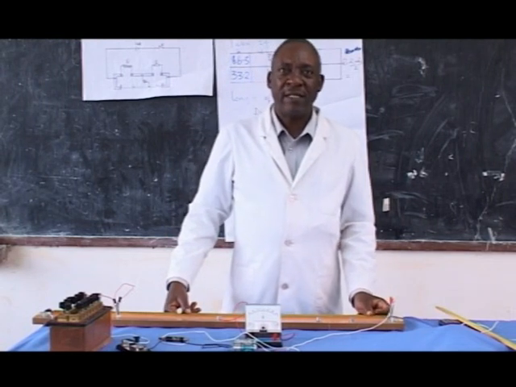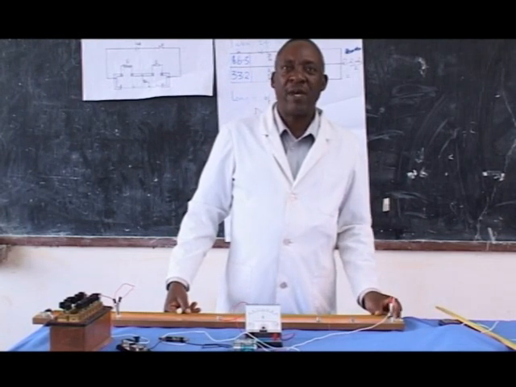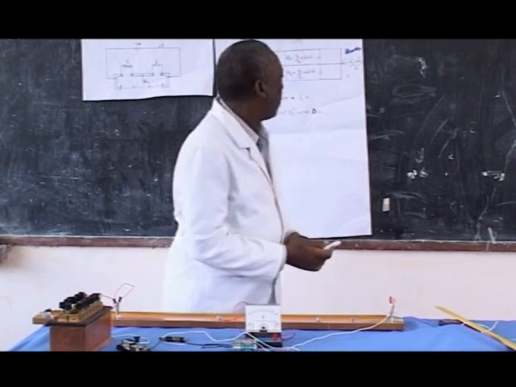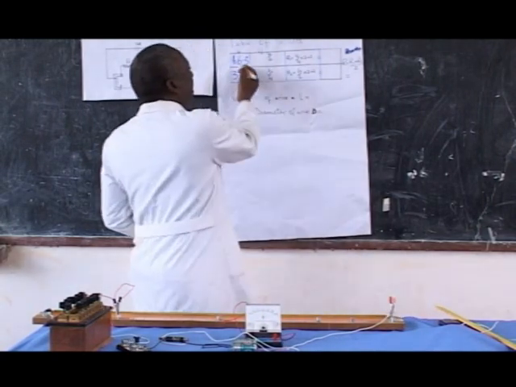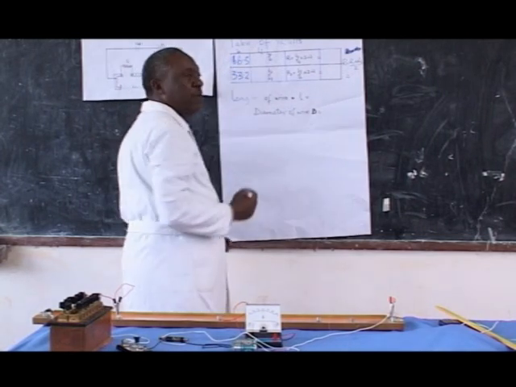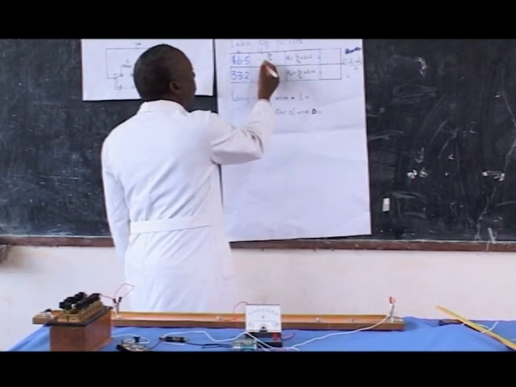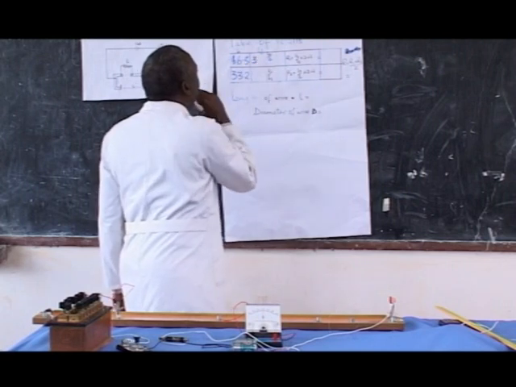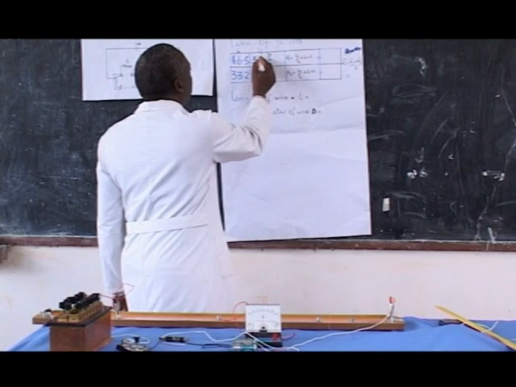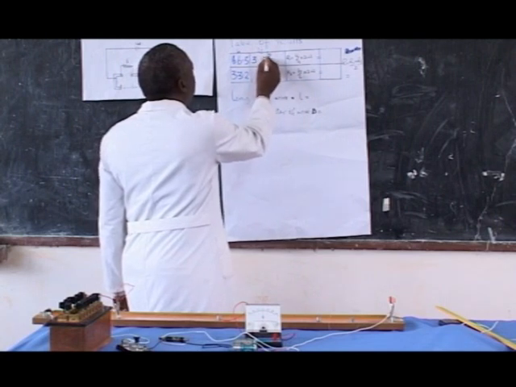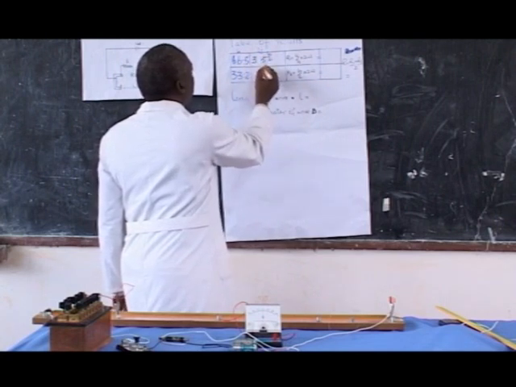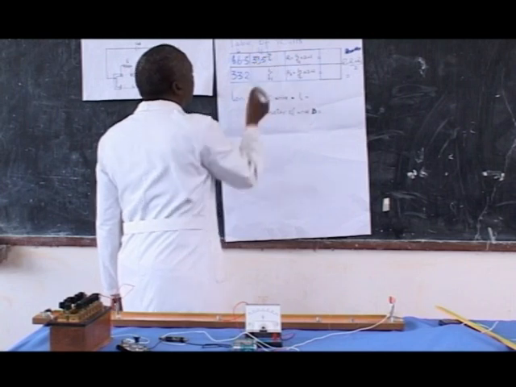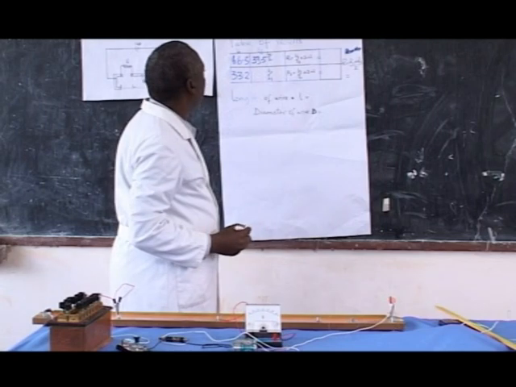Length L1 is measured from end A. And so 100 minus 66.5, we have length 2, which is 33.5.